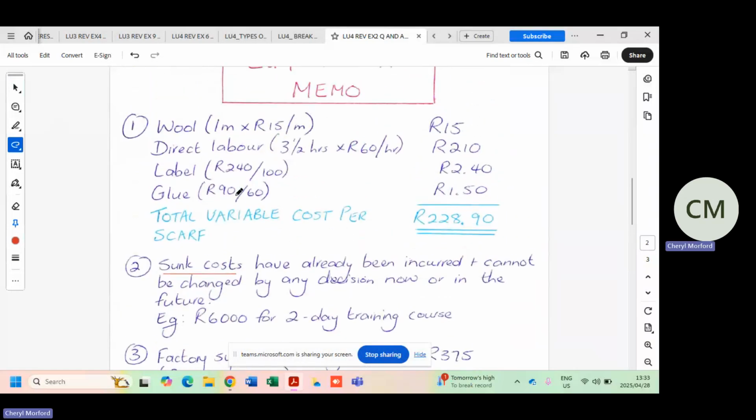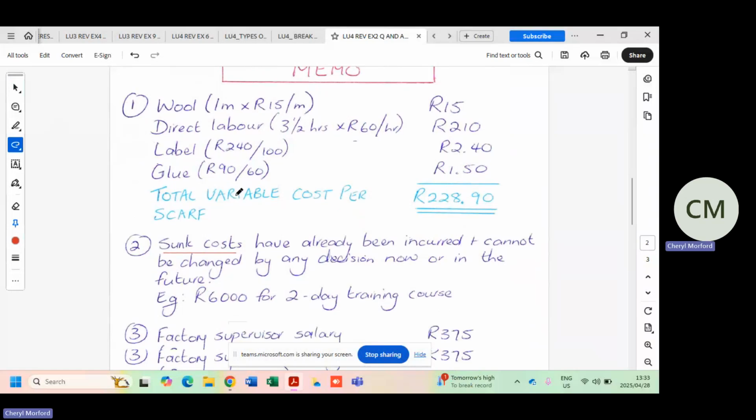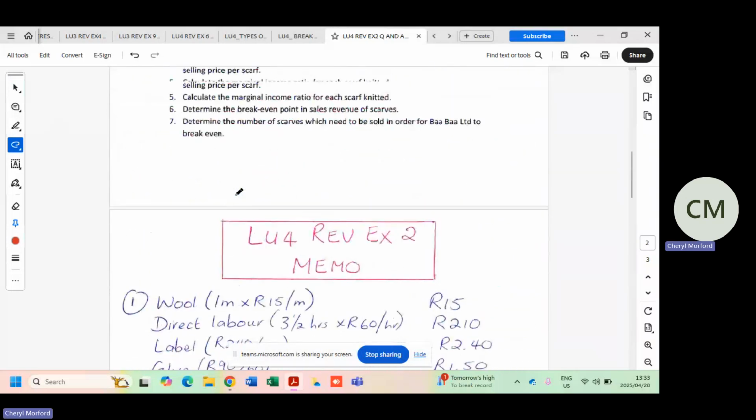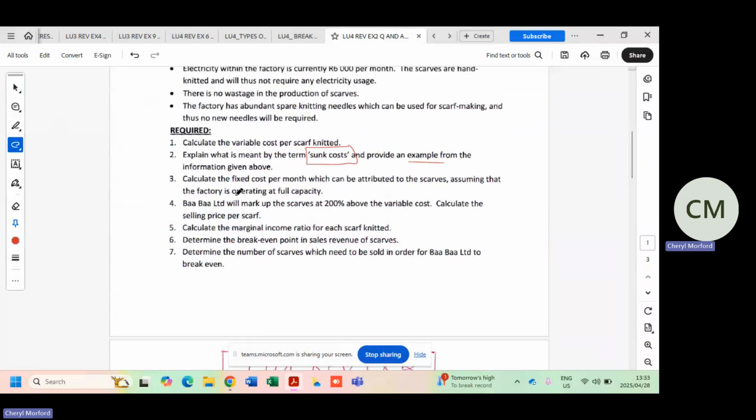Other costs that we have to calculate here, just looking at number 3, we want fixed cost. Now have a look at the questions. Sorry, questions are above. My mistake. When it comes to variable cost, it will always be per unit.